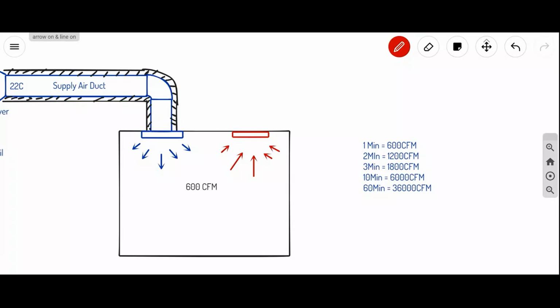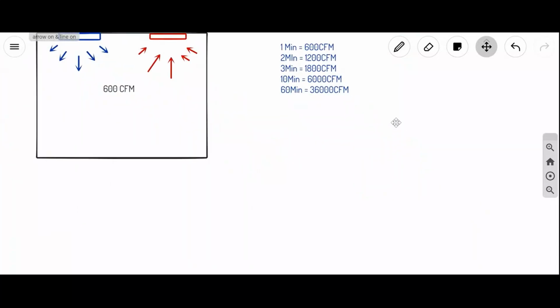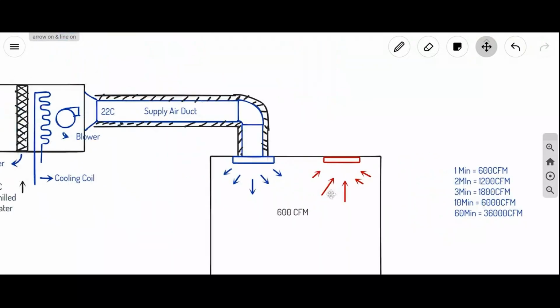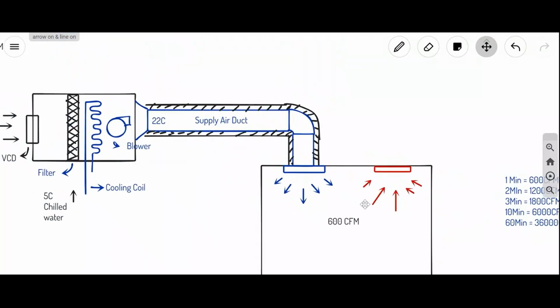So here, being a design engineer, you need to minimize the running cost of the project. In this project, how can you minimize the running cost?